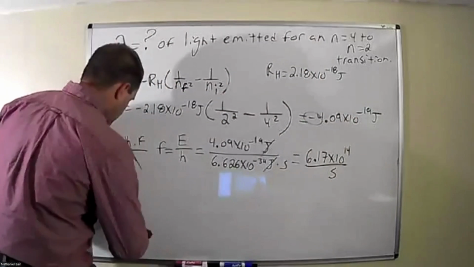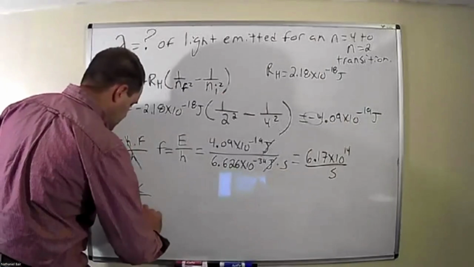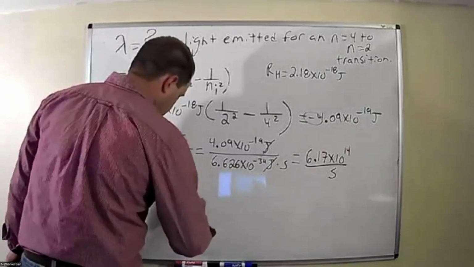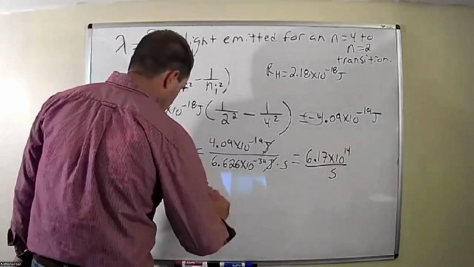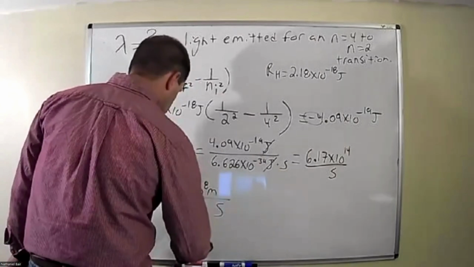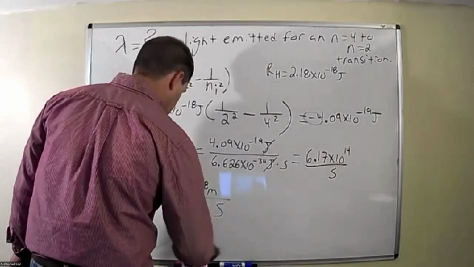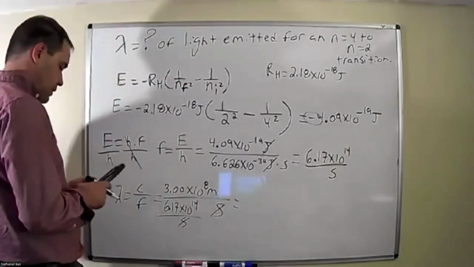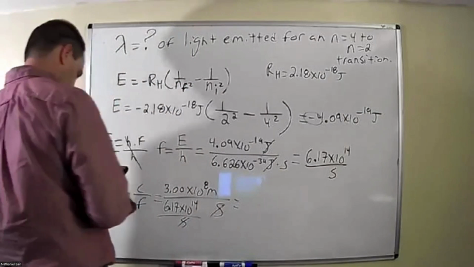And now we can solve for a wavelength. Wavelength is c divided by frequency. So 3.00 times 10 to the 8 meters per second divided by 6.17 times 10 to the 14th cycles per second. Seconds gone, left with an answer in meters.